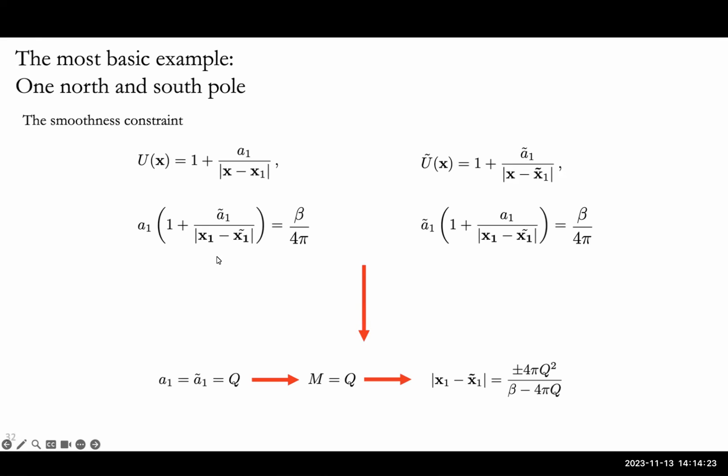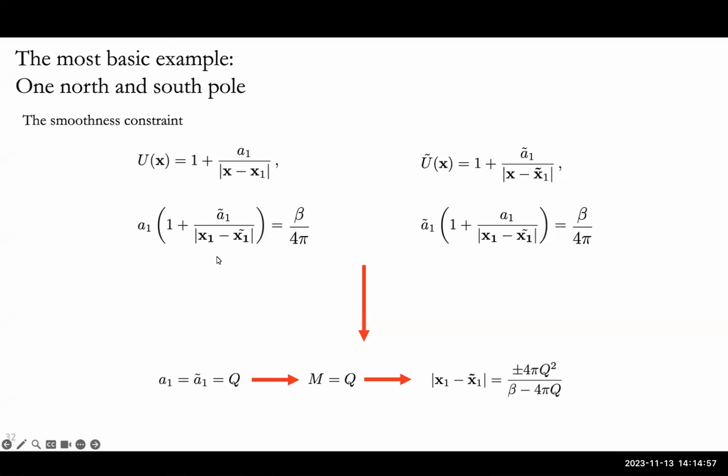Okay. And one can solve the smoothness constraint that I wrote down in a little bit more detail. And one finds the following: that the smoothness constraint implies that if U and U tilde have a single center, for example, a single north and south pole, the residue of the pole of U has to be equal to the residue of the pole of U tilde and has to be given by the charge of the black hole.